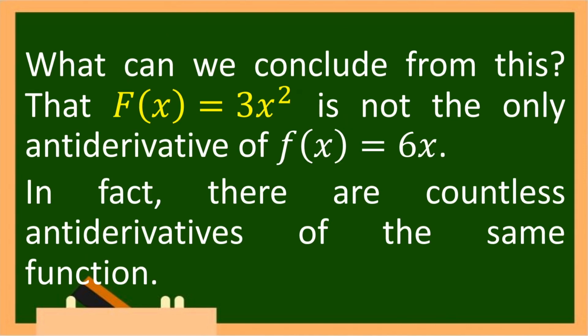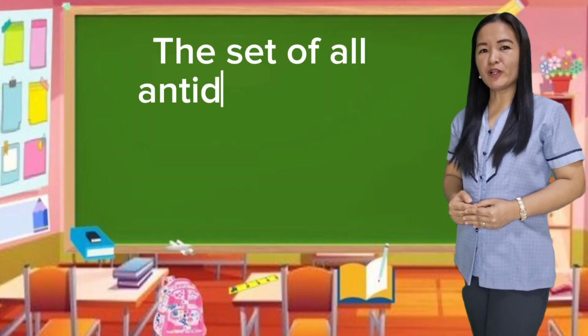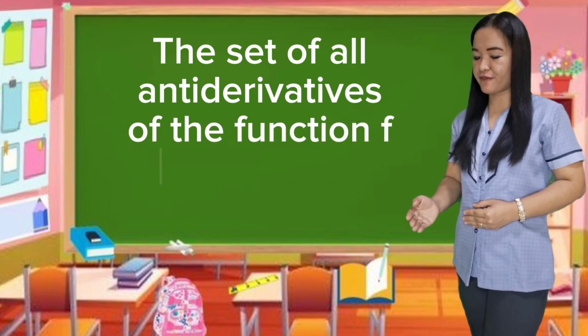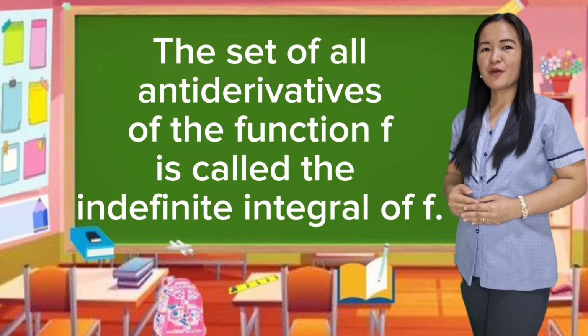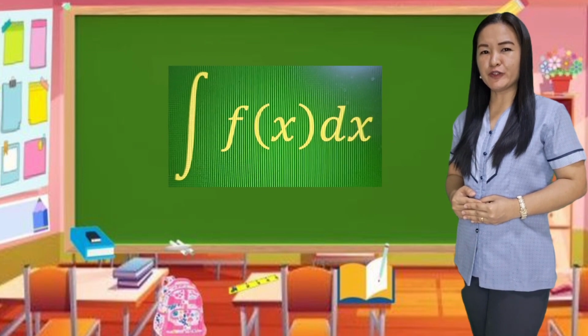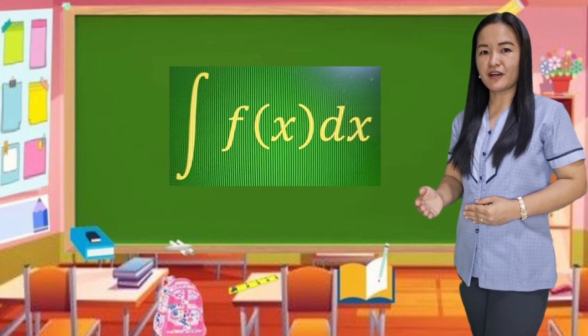What can we conclude from this? That f of x equals 3x squared is not the only antiderivative of f of x equals 6x. In fact, there are countless antiderivatives of the same function. The set of all antiderivatives of the function f is called the indefinite integral of f. We use the following notation to denote the indefinite integral of f.